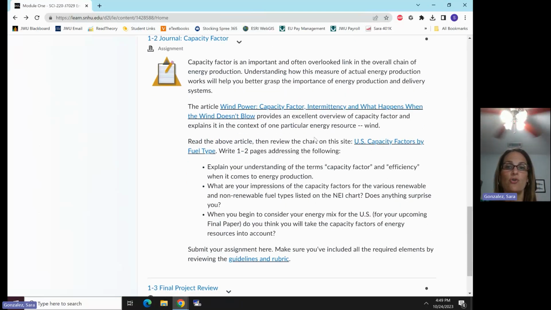Once you read the article, you're going to review the chart, and here's a link right here to U.S. capacity factors by fuel type. You're going to write a 1 or 2 page synopsis of the article, and you're going to address these 3 prompts. Explain, in your understanding, what the terms capacity factor and efficiency mean in terms of energy production. What are your impressions of capacity factors for the various renewable and non-renewable fuel types listed in the EIA chart?